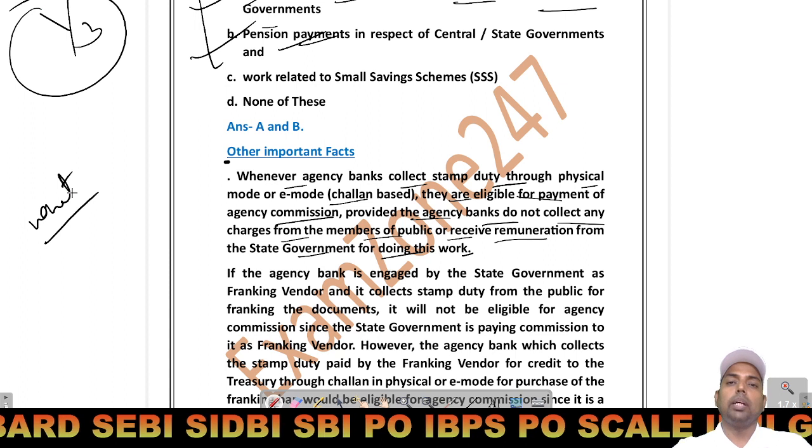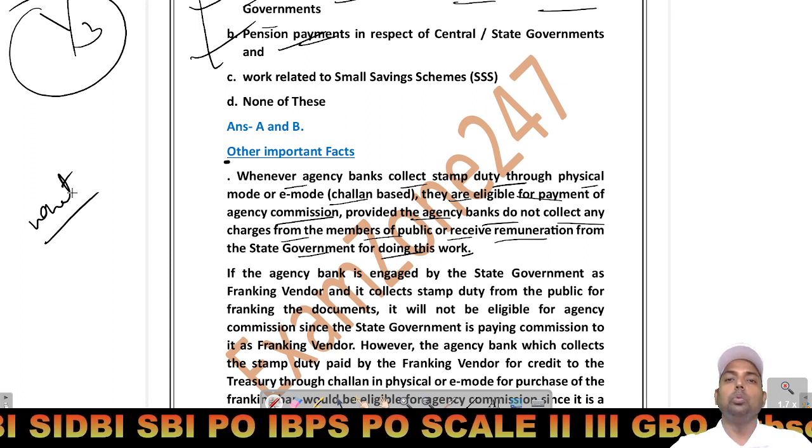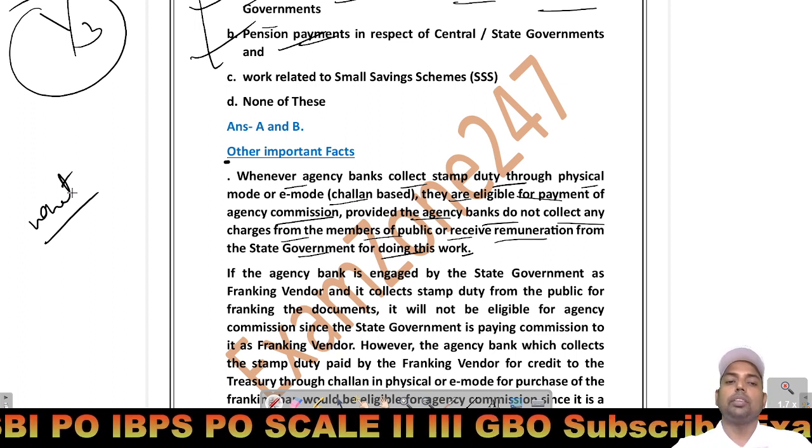Even private sector banks are very well entitled to do the functions of agency banks.